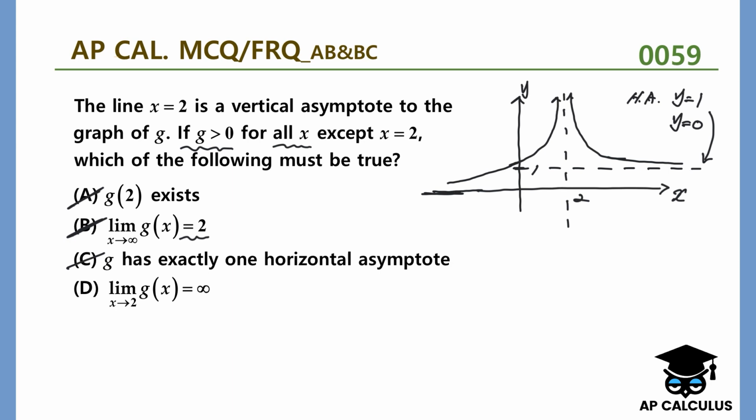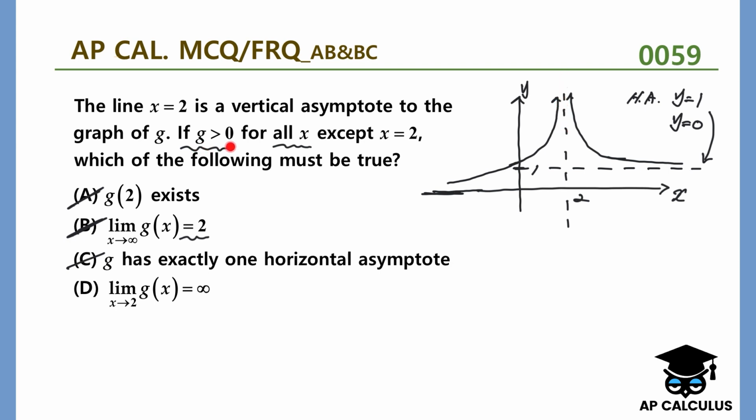Okay, answer choice D. As x approaches 2 from the left-hand side and from the right-hand side, g of x is equal to infinity. That is true. We have a vertical asymptote here, then the graph has to follow this vertical asymptote.